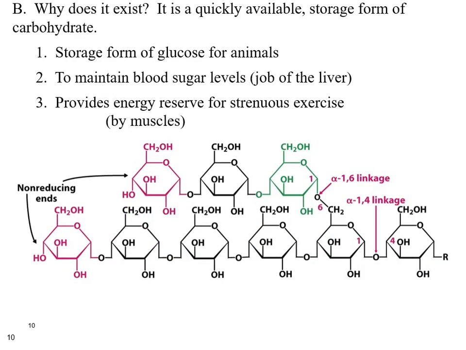Again, the point of having a glycogen molecule is that this is a storage form of a carbohydrate. We don't store sugars as monosaccharides, we store them as polysaccharides. Mammals do, including us. And this is quickly available storage, right? It's an immediate usage storage. So when our bodies need energy, this is where it goes to get that energy immediately, right away.